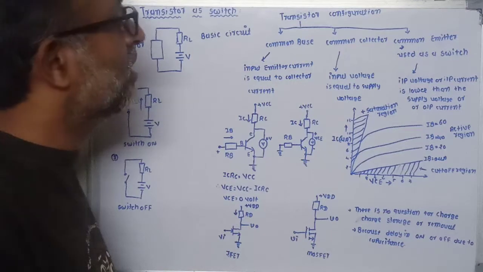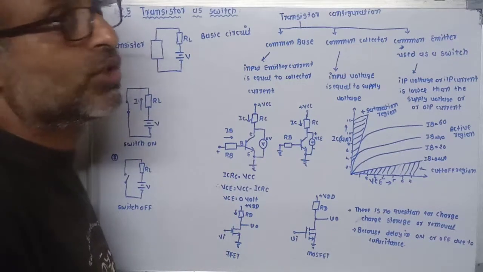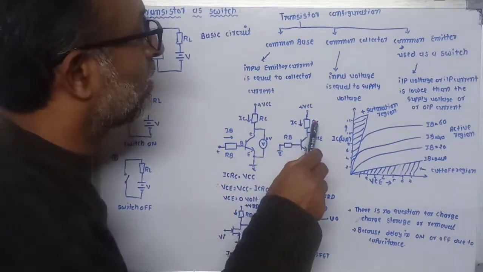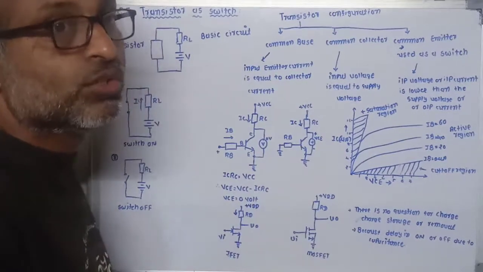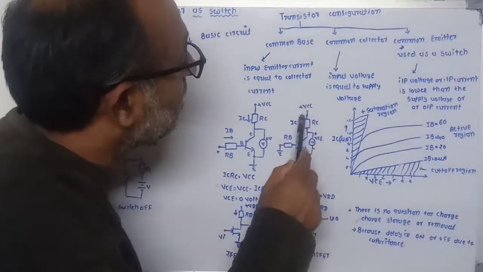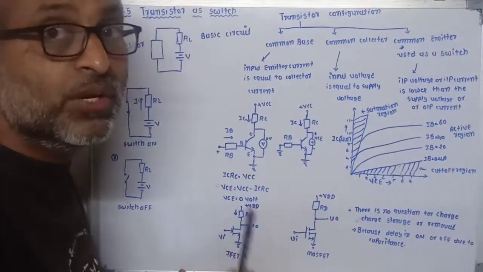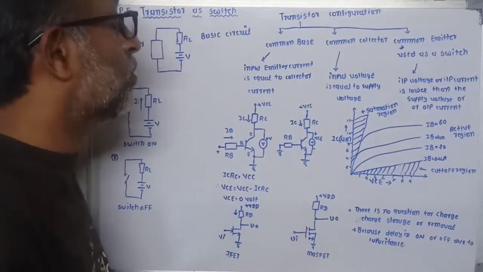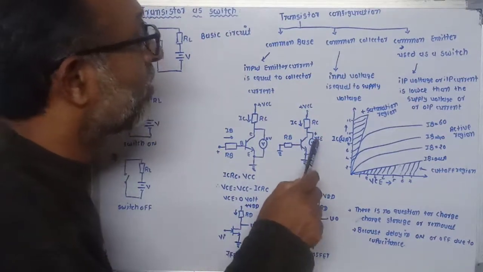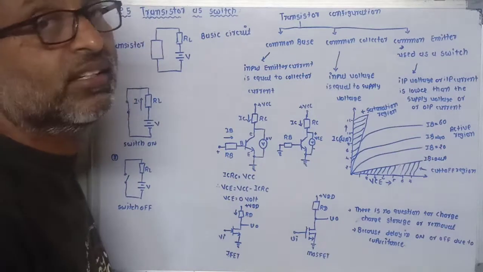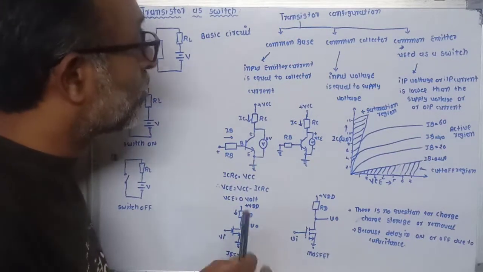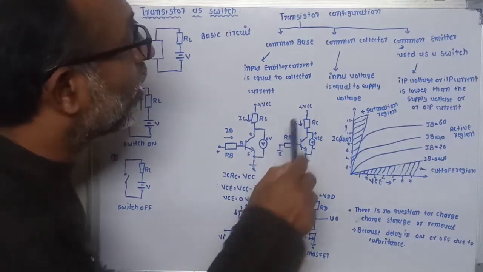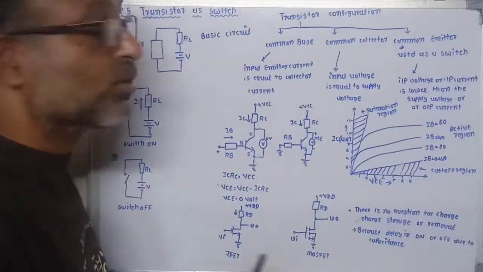But the value of this ICO is very small. Now this current is passing through the resistance RC, so a voltage drop appears across this collector resistance, but its value is very small. So at that time this voltmeter shows a reading equal to the value of VCC.